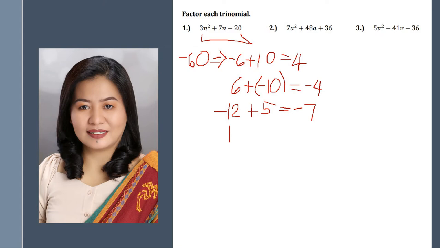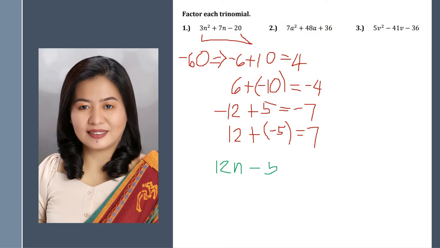And we have 12 plus negative 5. Yeah, negative 7 cannot be, because our middle term is positive. So we reverse the sign. So we now have 7. So what we will do is, instead of writing 7n, we will write 12n minus 5n.